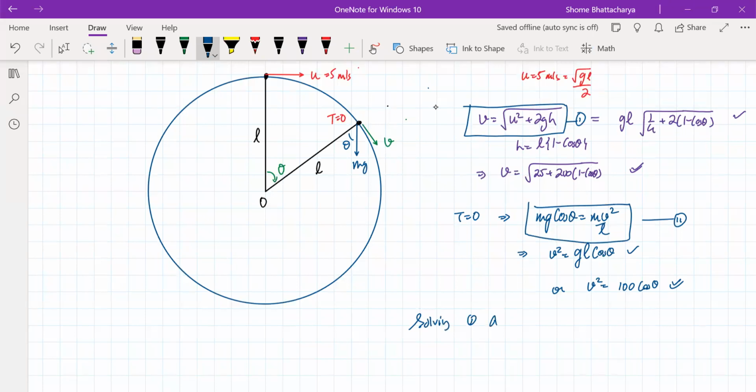solving equation 1 and 2, we can write V square as GL into 1 by 4 plus 2 times 1 minus cos theta from this equation.